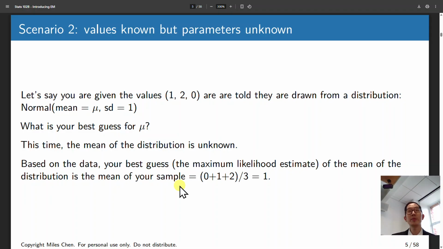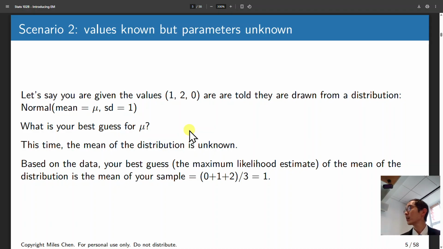And so this time the mean of the distribution is unknown, but you're going to use maximum likelihood estimation, and you would say the mean of our sample is going to be the best guess for the mean of the distribution. So we'll do 0 plus 1 plus 2, and this gives us a mean of 1, and so we'll plug in 1 as our best guess for mu.